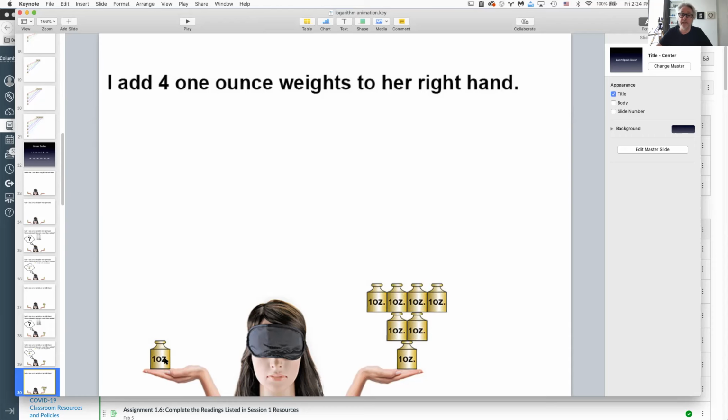And the answer is yes, she does. She senses that this 4 ounces is exactly right. She feels like, because again, she can't see, there's 3 ounces of weight in this hand, not the 1, 2, 3, 4, 5, 6, 7 ounces that there really is.